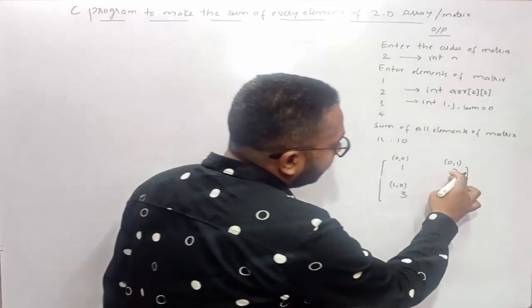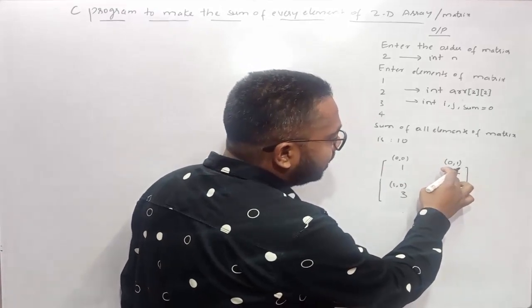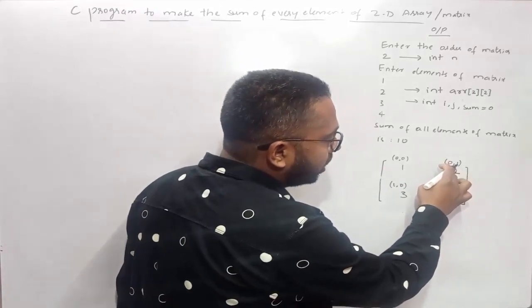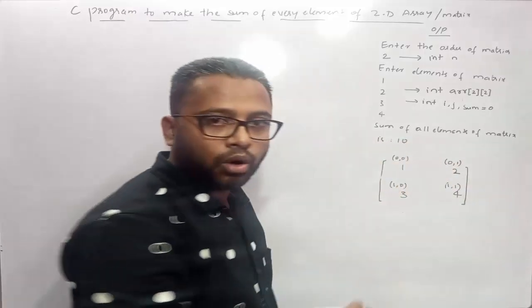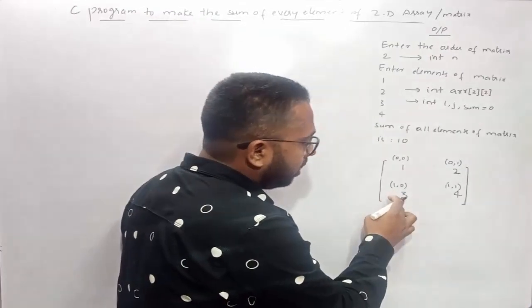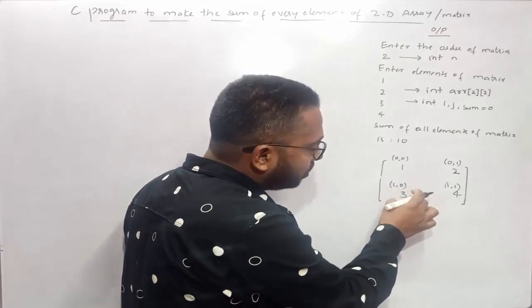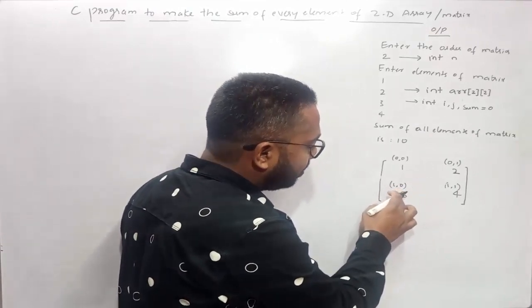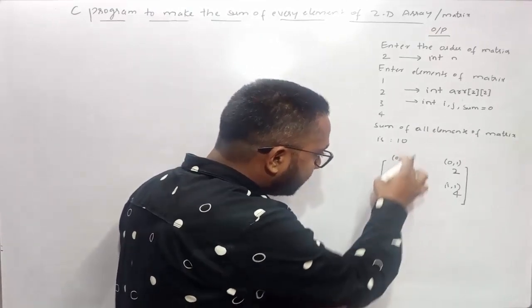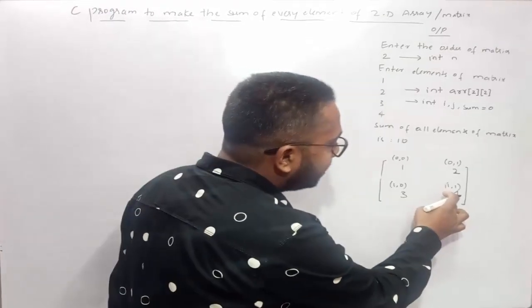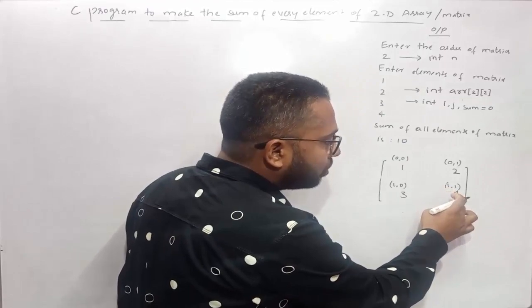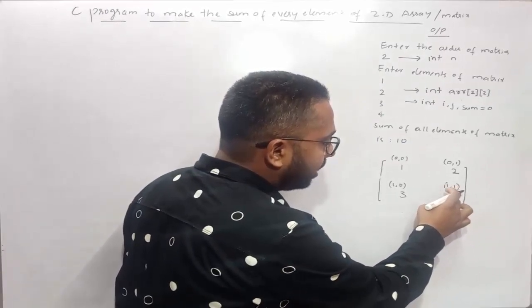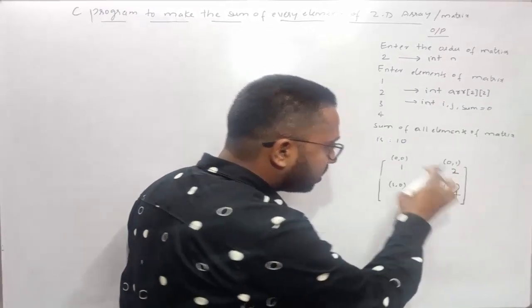Then next, element 2 is stored in the position 0 comma 1, which means row 0, column 1. Similarly, element 3 is stored in the position 1 comma 0, that means row 1, column 0. And the fourth element 4 will be stored in the position 1 comma 1, that means row 1, column 1.